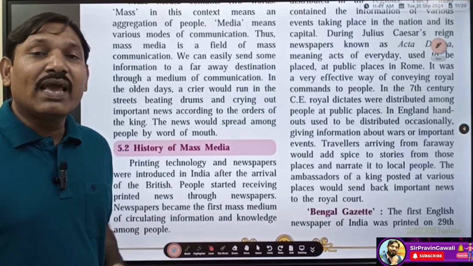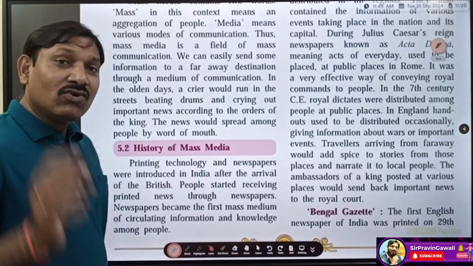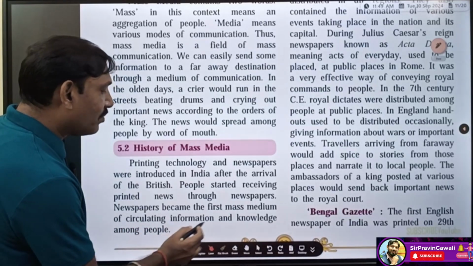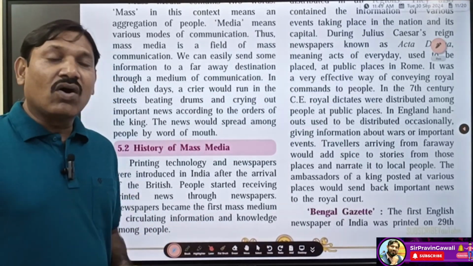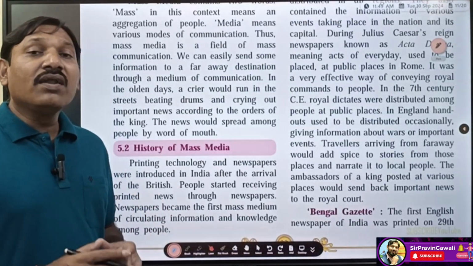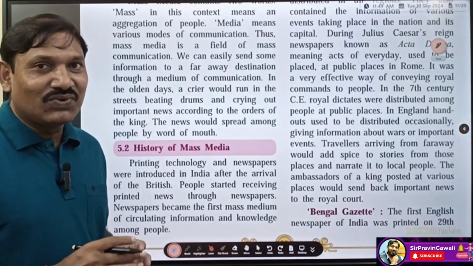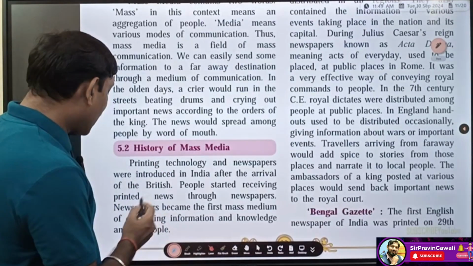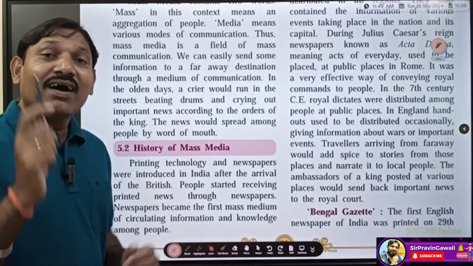Most of the people could receive the news with the help of newspapers, and newspapers became the first mass medium of circulating information and knowledge among the people. So for the first time, such a question can be asked: what was the first mass medium in India?